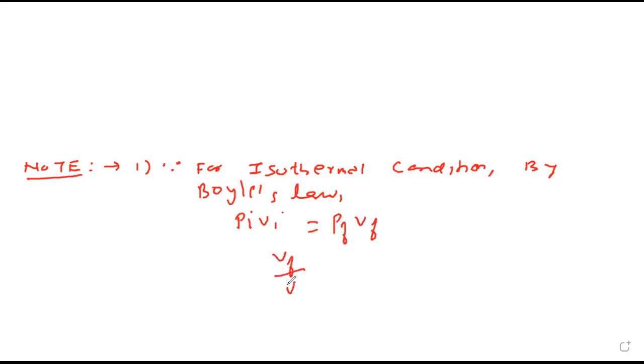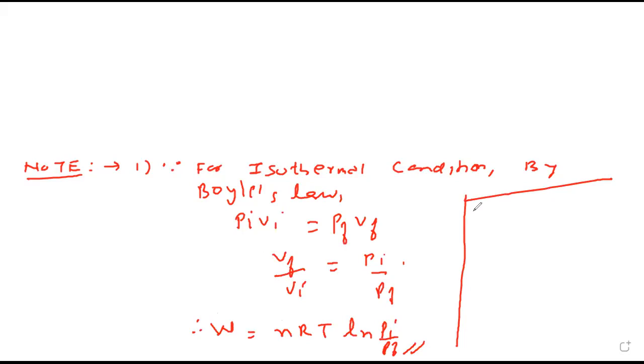Therefore, V final upon V initial equals P initial upon P final. Therefore, W equals nRT natural log P initial upon P final. So we can also write work done in terms of pressure, P initial upon P final, in place of volume.